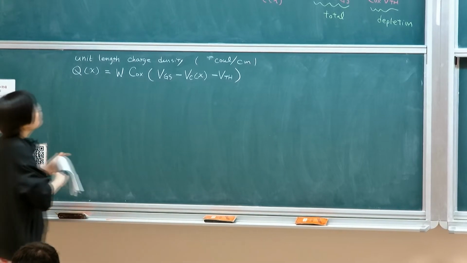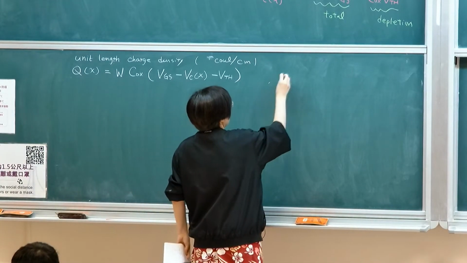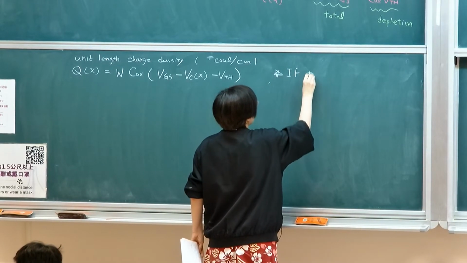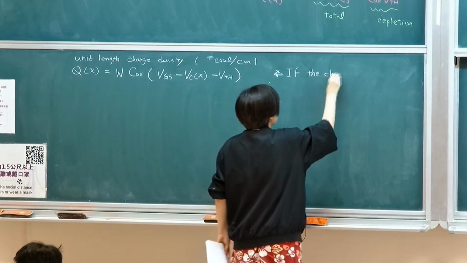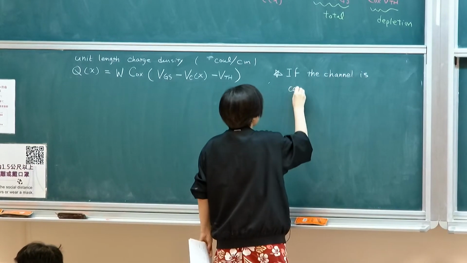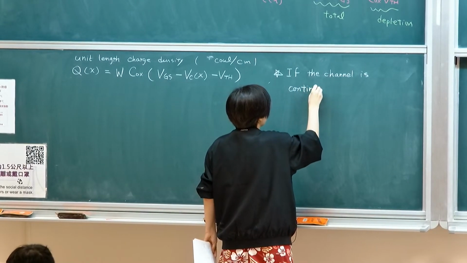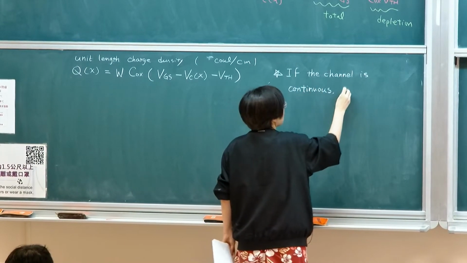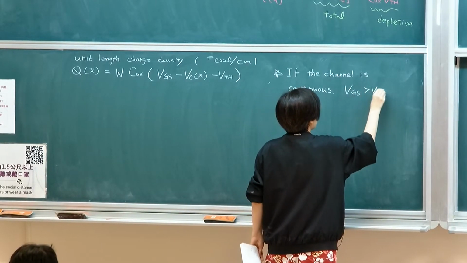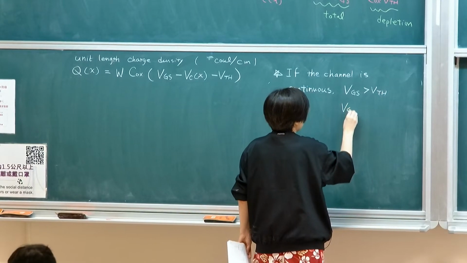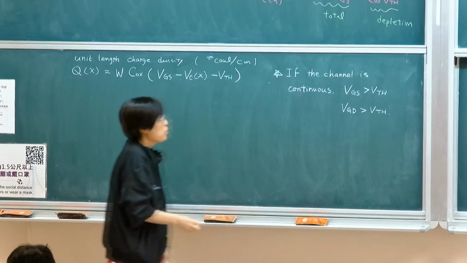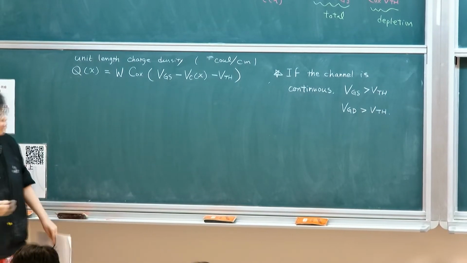So the other thing I want to highlight is that if the channel is continuous, meaning that it's operating in the linear region, meaning that VGS is larger than VTH, VGD is also larger than VTH. So both sides are above inversion.